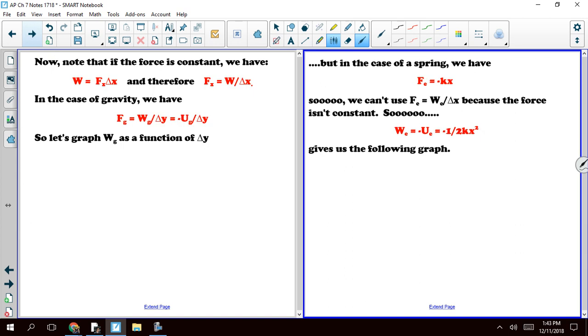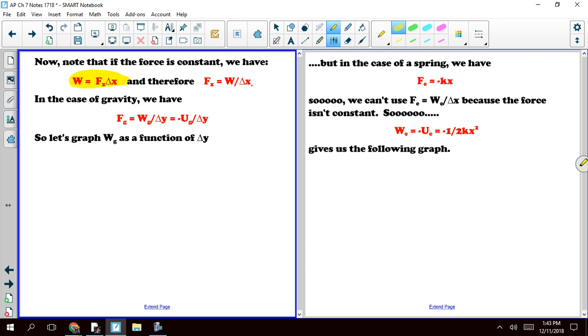All right? So now, notice that if the force is constant, so we're moving on to something new-ish here, okay? So if the force is constant, we've got this equation, right? Algebraically rearranging that gives us this, that the force exerted by a force is equal to the work done by that force divided by the displacement, right?